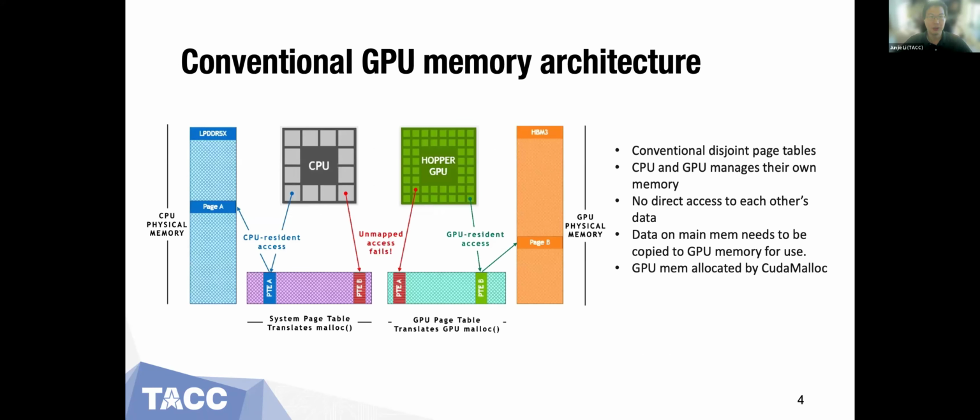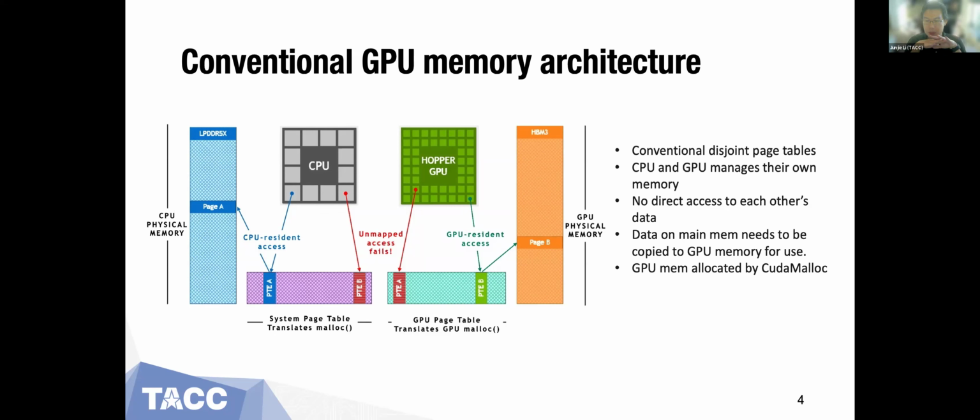Okay, so GPUs. Conventionally, we have such a GPU architecture. The CPUs and GPUs are separate, and they have a disjoint page table, meaning that the CPU and GPU each manage their own memory space. The CPU cannot access GPU memory directly, and the GPU cannot directly access the CPU or main memory either.